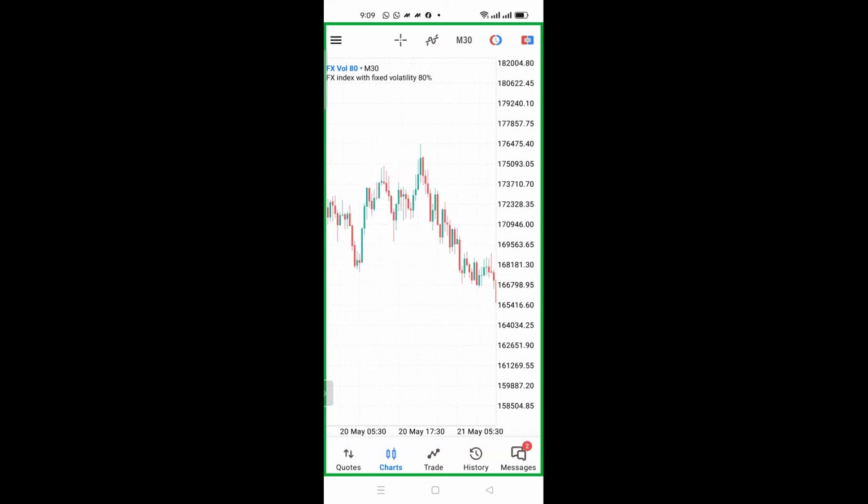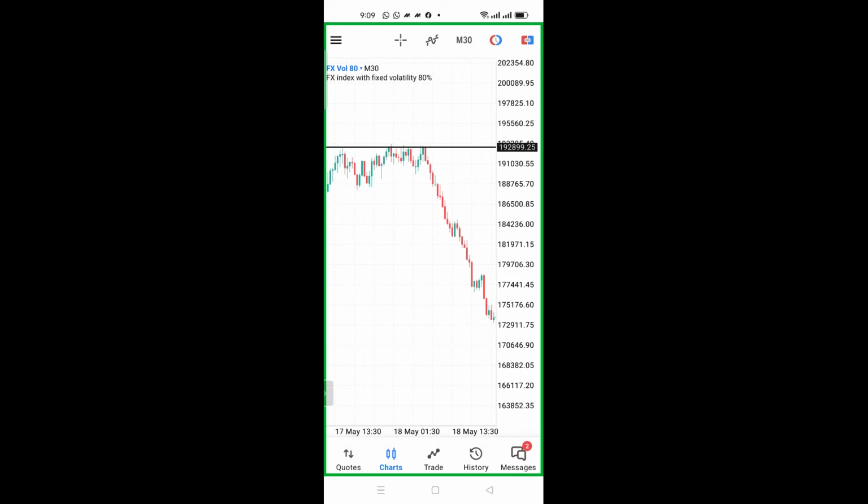Now, do you know that this same support will become a resistance later? Because the price is what determines whether it is support or resistance. Support becomes resistance when price has broken below it.